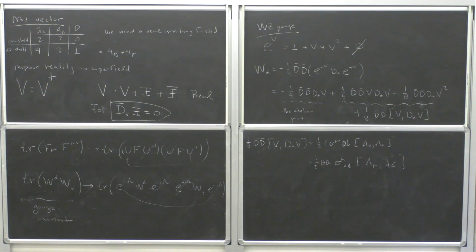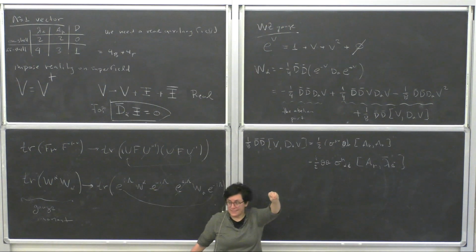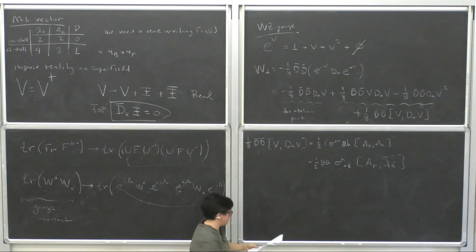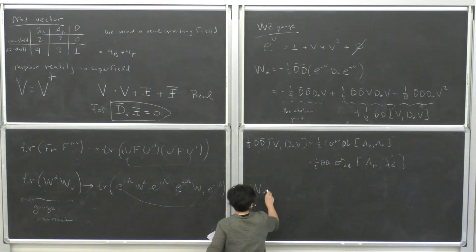Yeah, it's very stupid that I deleted everything from before. Yeah, it's okay. So these are the terms that I didn't calculate before. Everything else is the abelian part that I calculated. So let me remind you what this was.